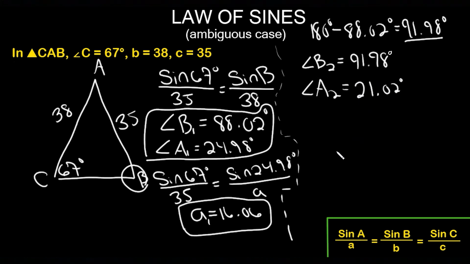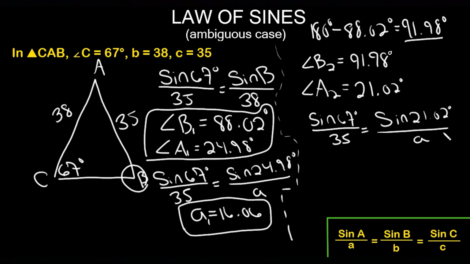From here, we just have to get side A, and I can use that same ratio that I used in the beginning because remember, this angle and this side are not going to be changing, okay? So I can say here sine of 67 degrees all over 35 is going to be equal to sine of angle A, which is 21.02. So 21.02 degrees all over side A, okay?